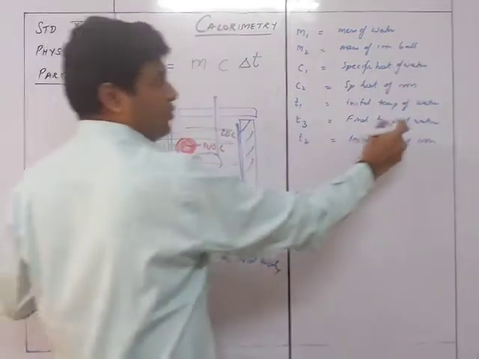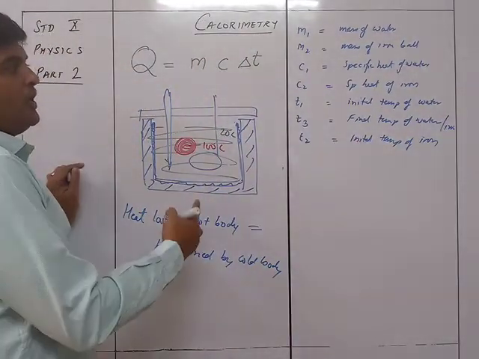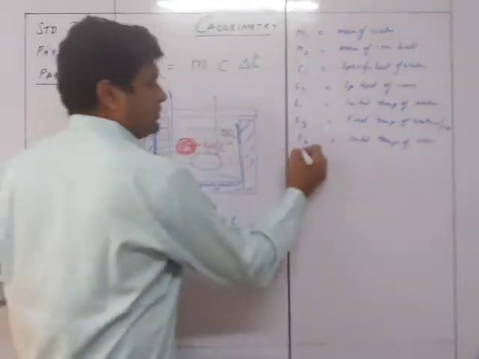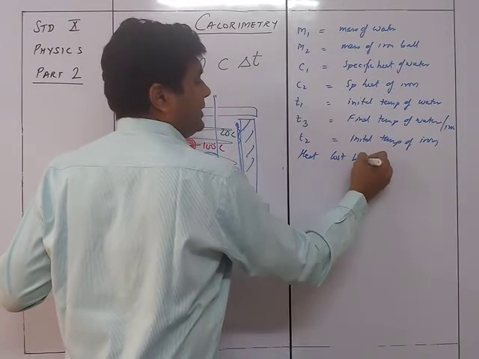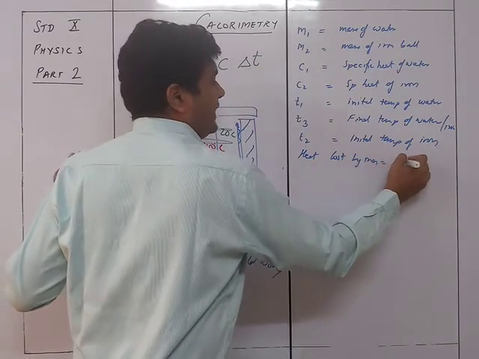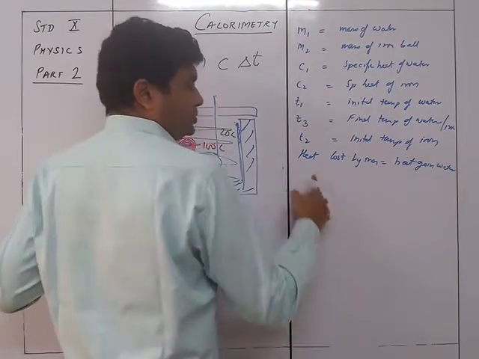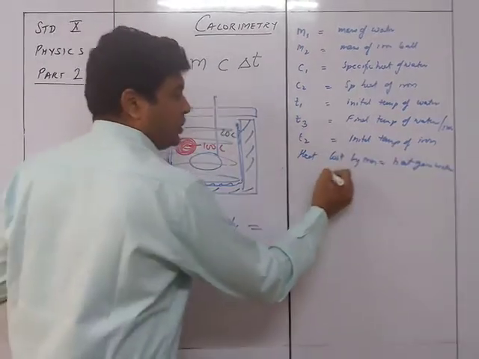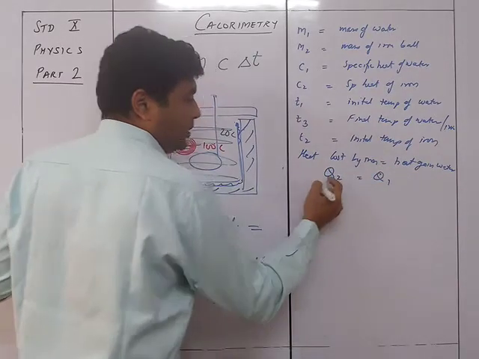Of course this is water as well as iron, so the final temperature will be that of water as well as iron. So we know that the heat lost by iron is equal to the heat gained by water. That is heat loss Q2 is equal to Q1. What is Q?